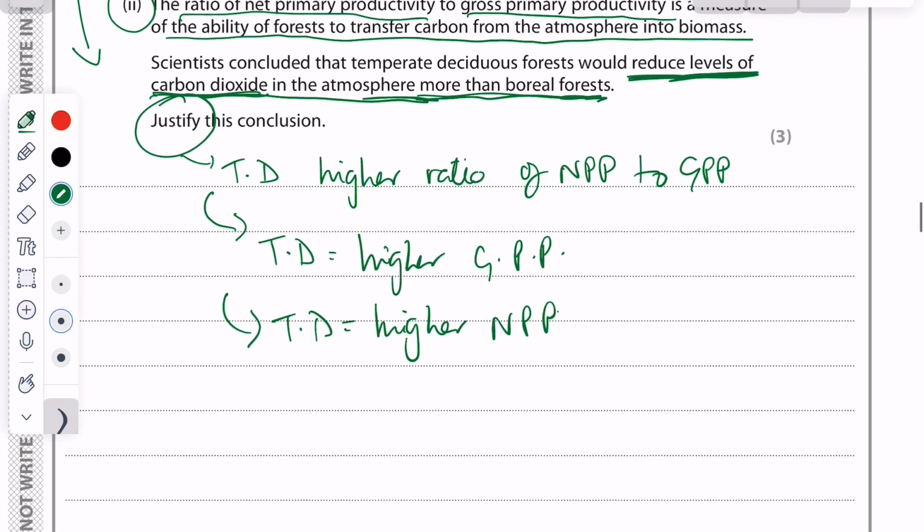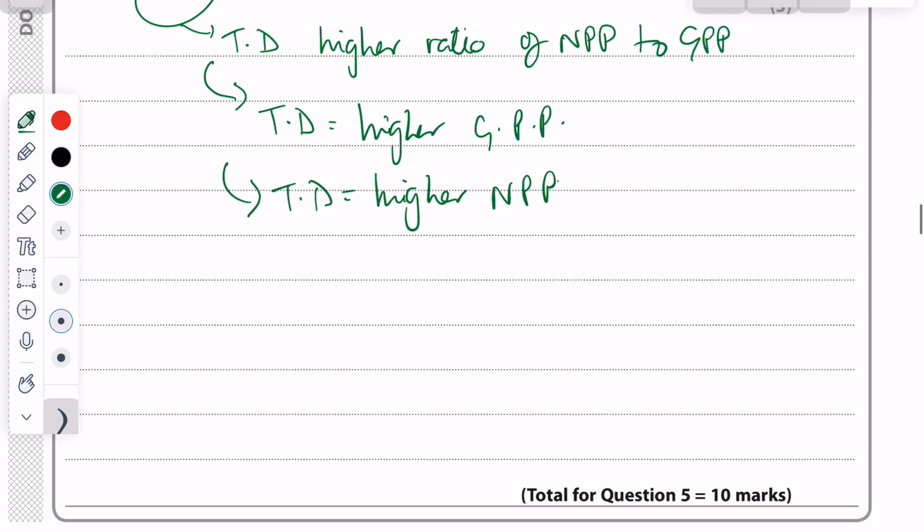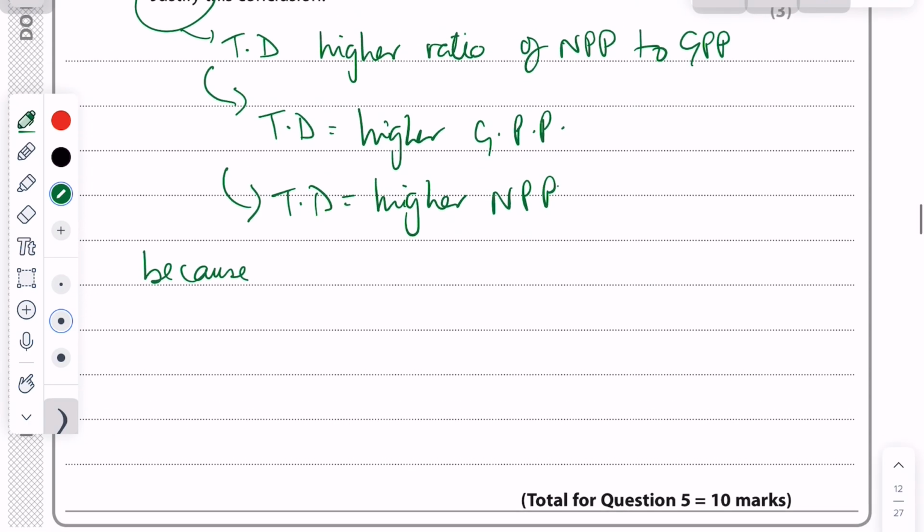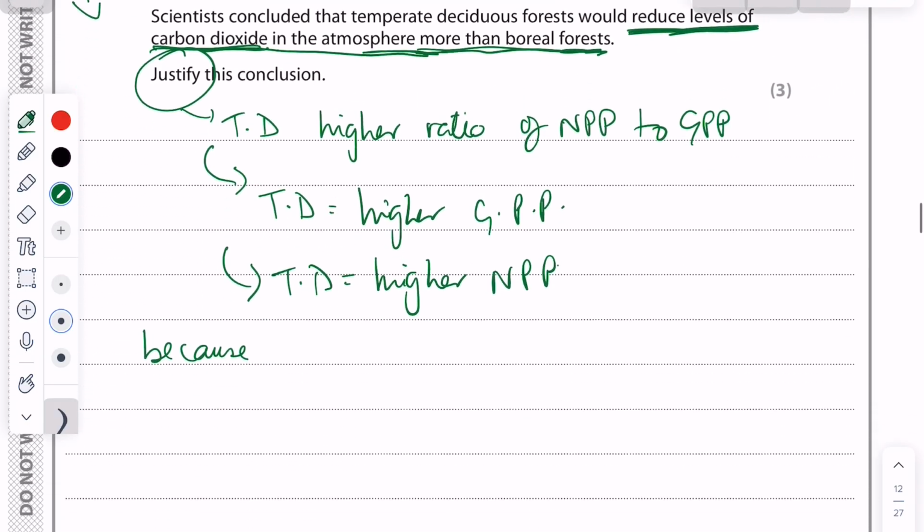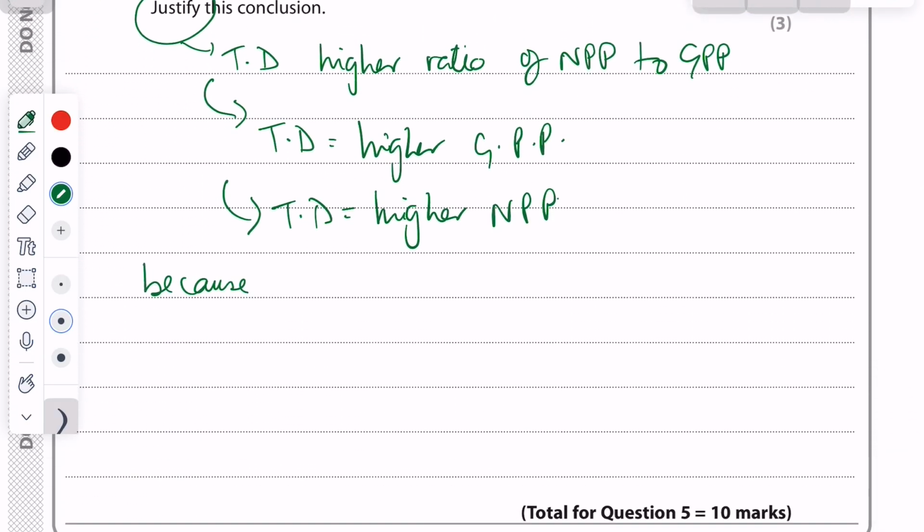Reduce levels of carbon dioxide in the atmosphere. Basically the temperate deciduous forest is more productive. Well, let's just think about this ratio.